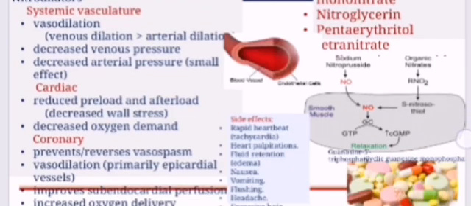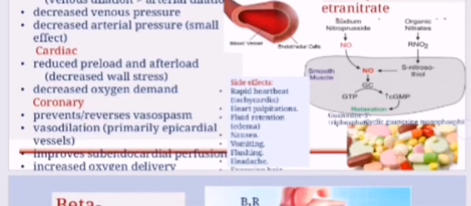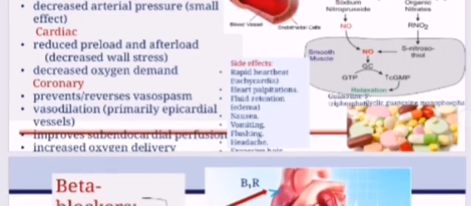Cardiac: reduce preload and afterload, decreased wall stress, decreased oxygen demand. Coronary: prevents and reverses vasospasm, vasodilation primarily of epicardial vessels. Important: subendocardial perfusion and increased oxygen delivery.